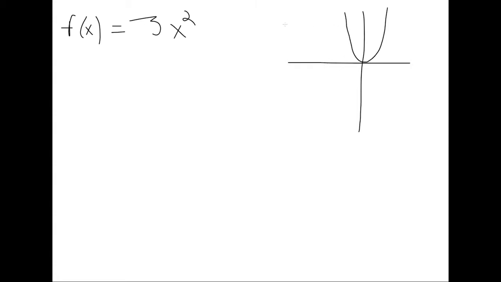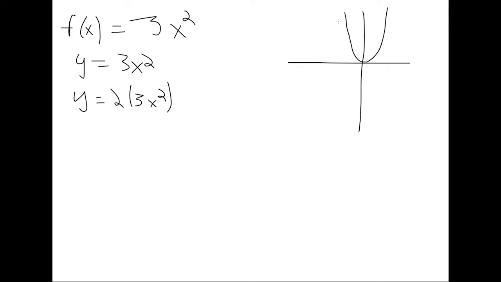How would we do that? Well, we know that f of x equaling 3x squared is going to be the same thing as saying that y equals 3x squared, right? So we want to make y double what it was before, right? So we would say y equals 2 times 3x squared. So instead of multiplying x, we're multiplying the whole function to make y double as big.